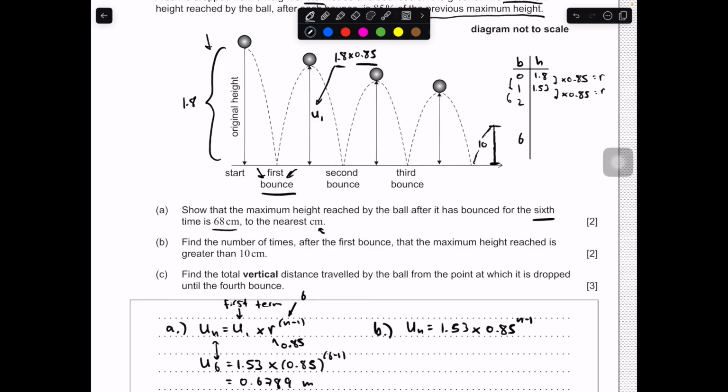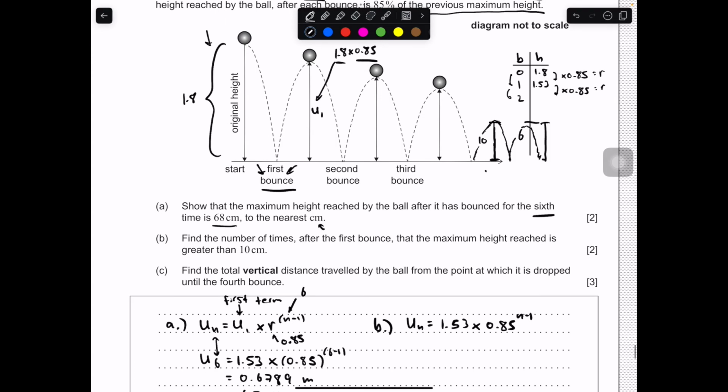So maybe it just makes it over, and then the subsequent bounce would be reduced a little, just less than 10. So it doesn't quite measure up, not quite there. So we want to find what bounce is that, what number.